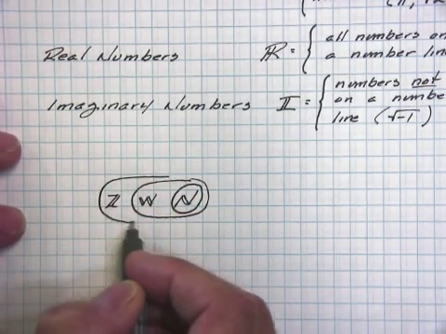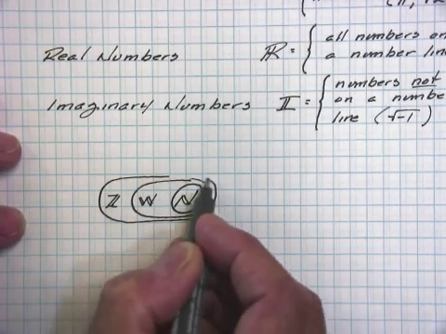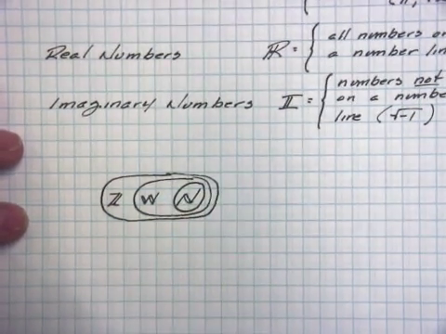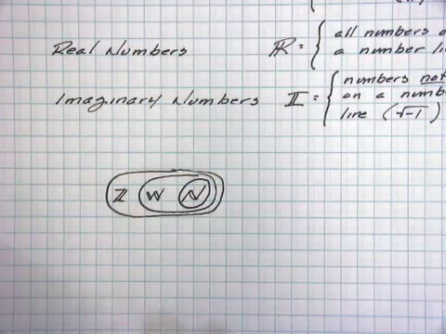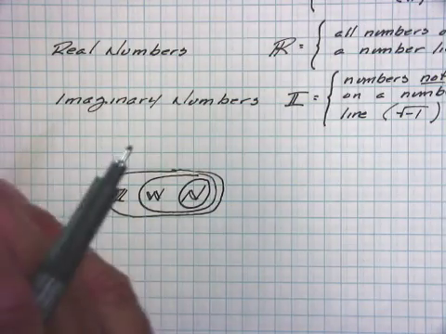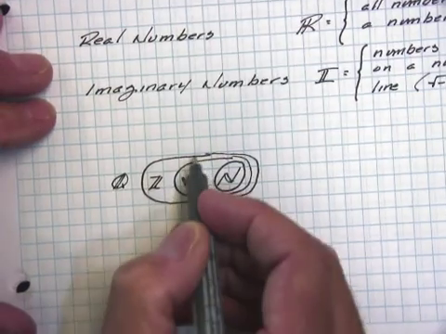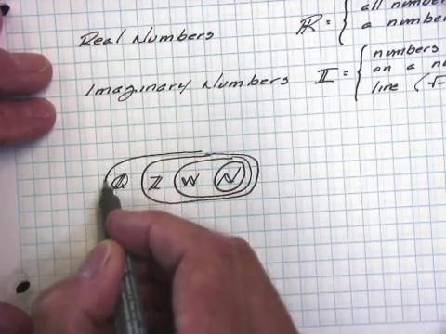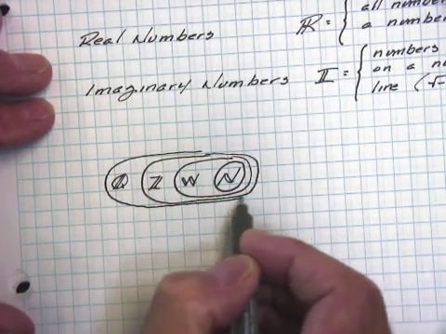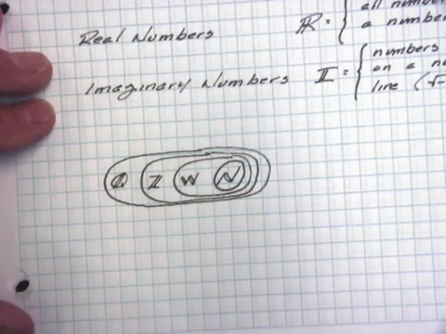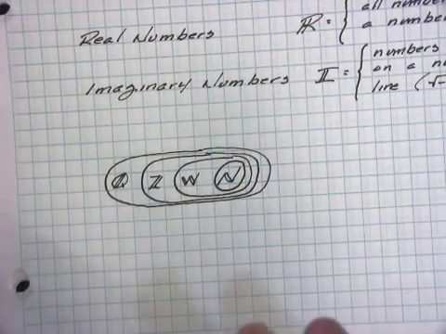Now whole numbers exist within integers. So I've got my integer set sitting here, and integers include whole numbers and natural numbers. Now that set sits within rational numbers. So now I've got my rational numbers.